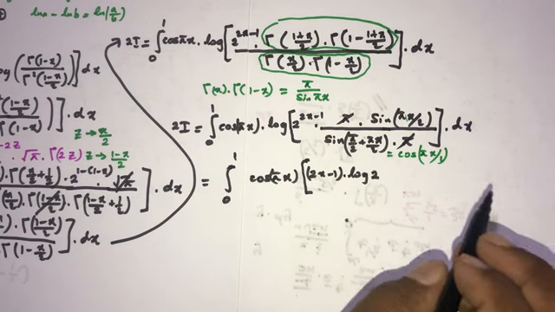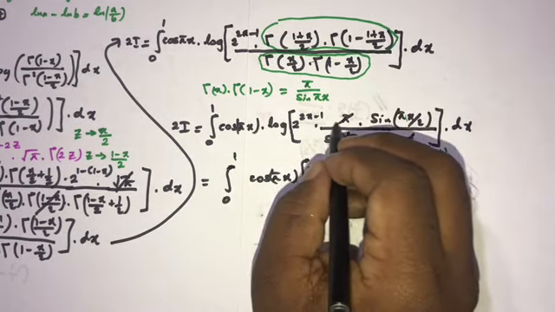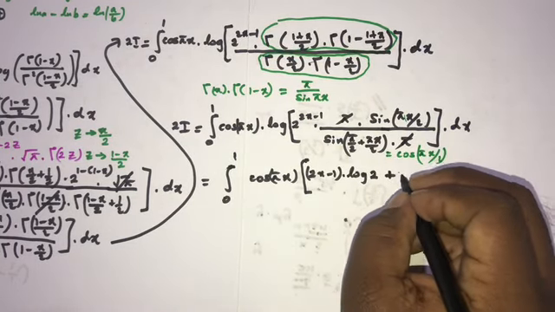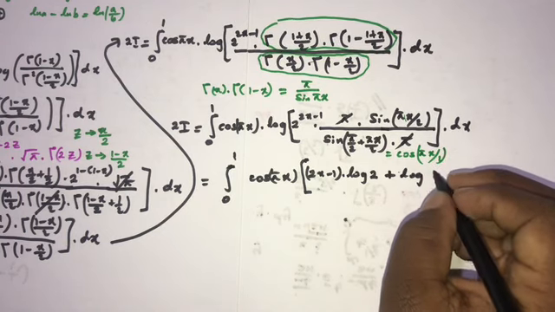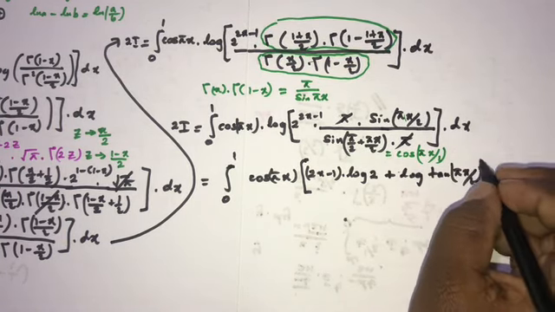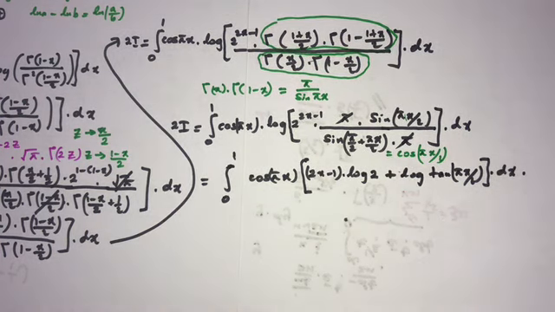Now according to the property of natural log, multiplication becomes plus, then natural log of, we know this is equal to tan of pi x over 2, here dx.